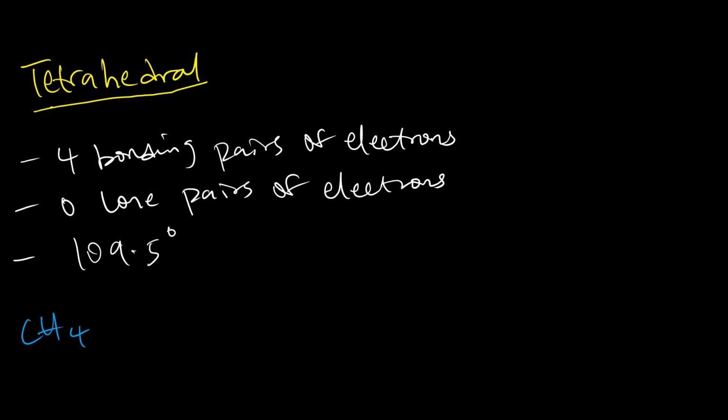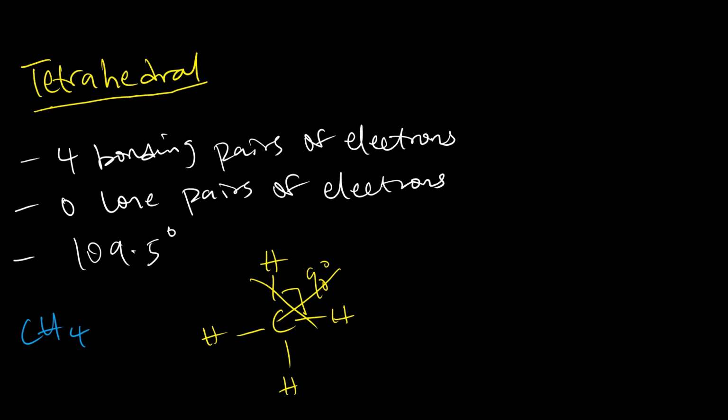Now, if it's CH4, one would expect that the molecular shape should be in this form. You expect it to be bonded this way, but this is not how it's bonded, because if it were bonded this way, the bond angle would be 90 degrees.